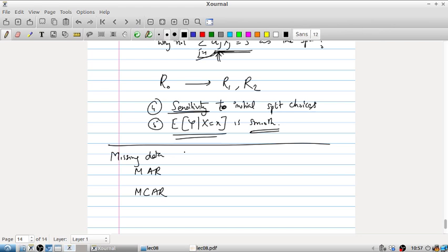Let's say our observation is z, which is y and x, and z observed is y and x observed, where x observed is a subset of x. Think of x as your p-dimensional input variable. Maybe you're missing some observations in that p-dimensional input variable.